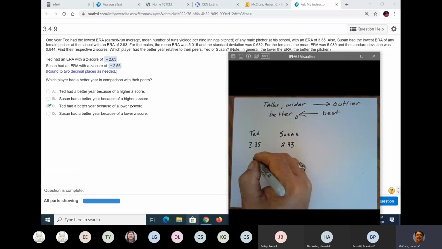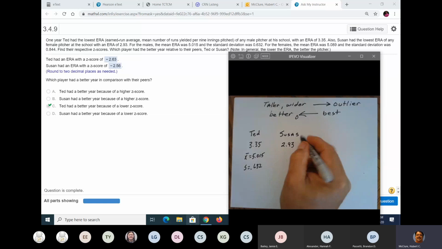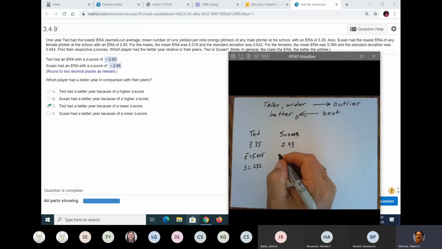Okay, the mean for the guys, X bar is equal to 5.015 with a standard deviation of 0.632. For the women, 5.089 with a standard deviation of 0.844.